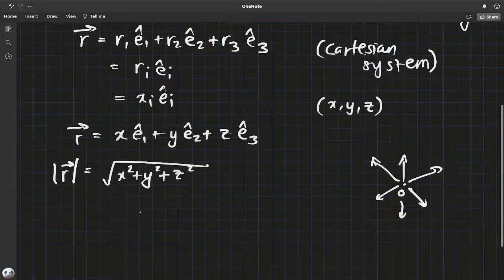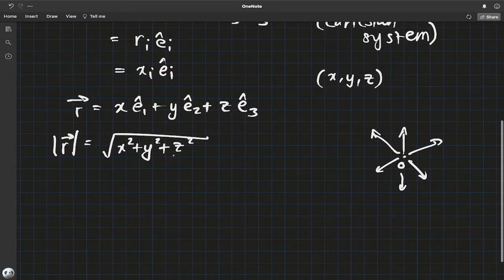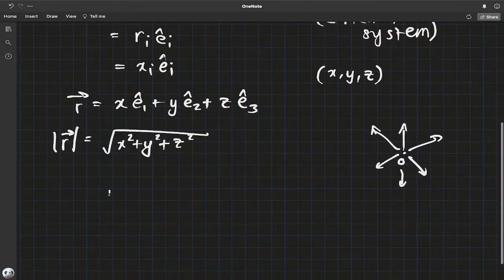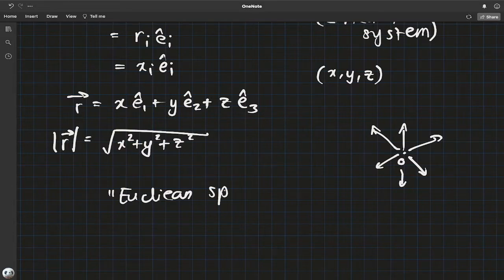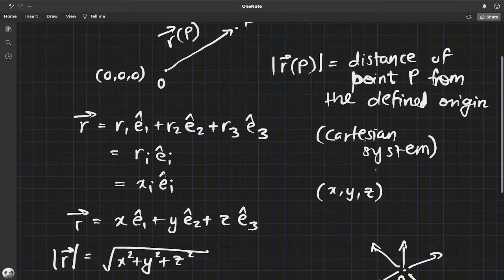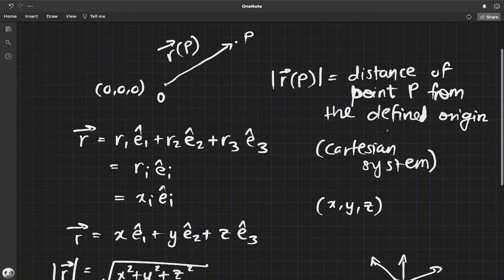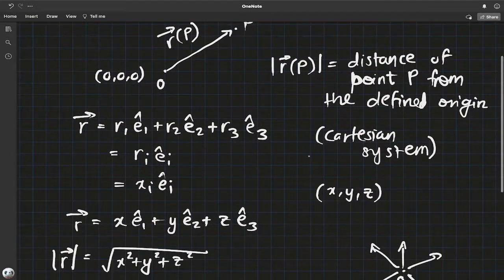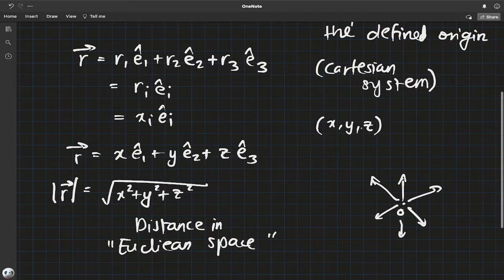And this is clearly our definition of a distance in a Euclidean space. So this idea of having the magnitude of the position vector denoting the distance of the given point from the origin clearly makes sense, because our point in this general case was just x, y, z.